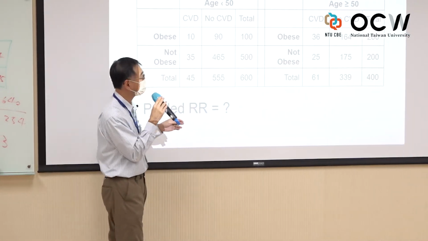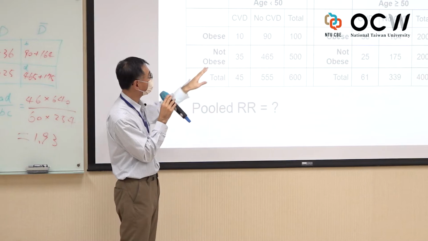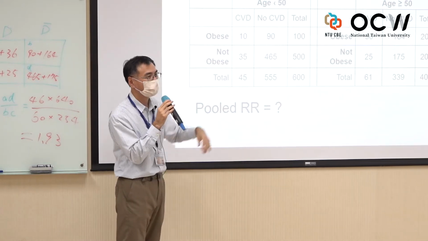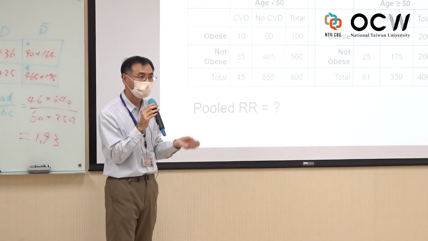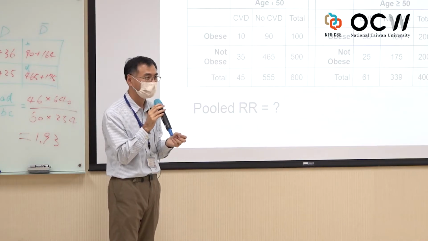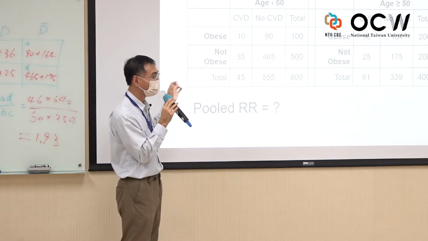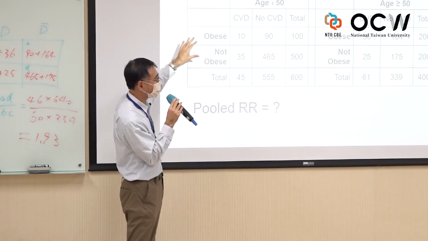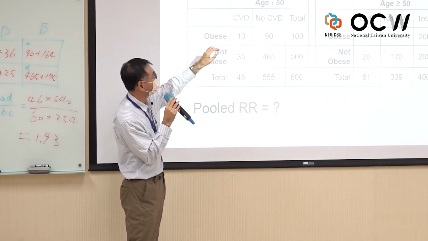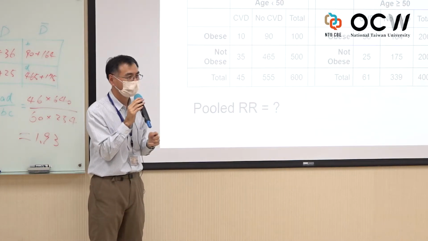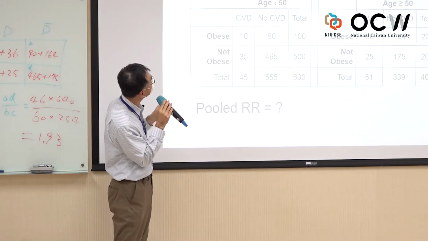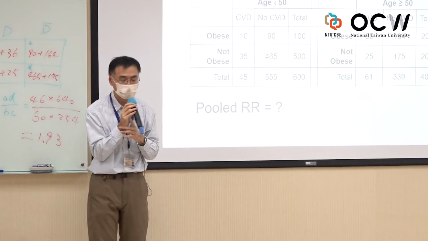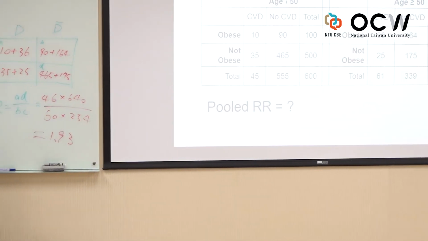But it's checking whether the effect of obesity could be modified by age. So we're asking different questions with different hypotheses. But here, we are trying to estimate the effect of obesity on the risk of cardiovascular disease by adjusting for age as a potential confounder. Okay, so it's 1.44.